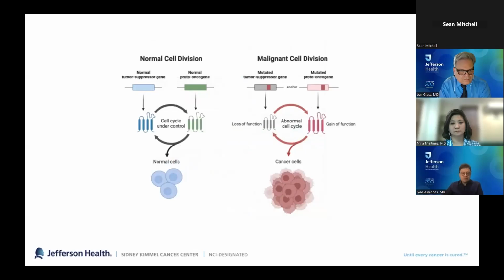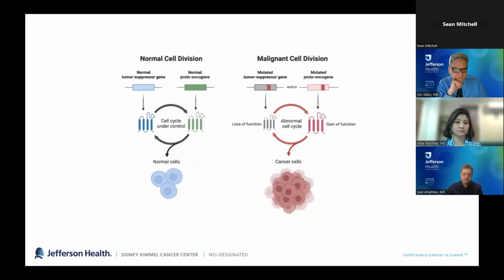Every single cell in the body is under very tight control. Every single cell goes through what we call the cell cycle. This is a very well-controlled process in that the cells are given instructions as to when they need to stay dormant and when they need to proliferate and give daughter cells. This balance is typically achieved because of 2 sets of genes. There are the tumor suppressor genes.